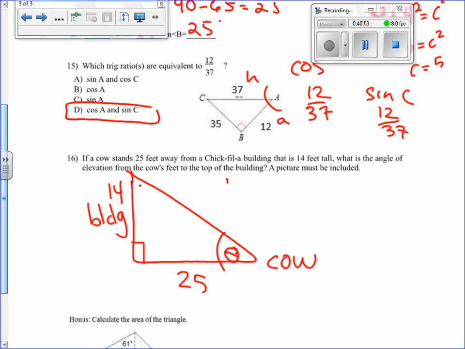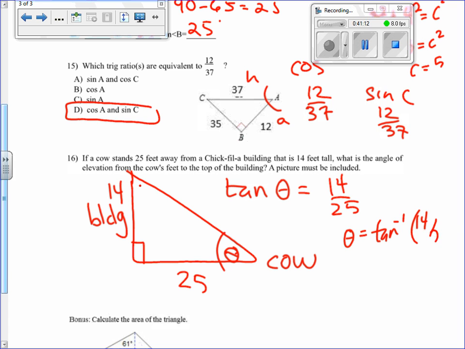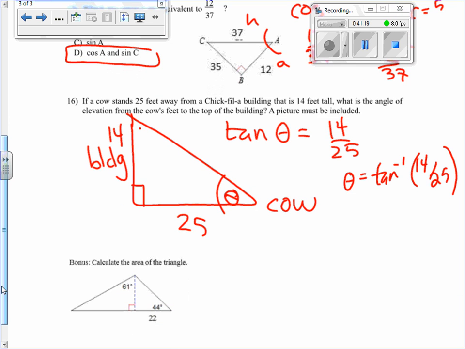That's tangent. So the tangent of theta, or whatever you wanted to call it, equals 14 over 25. So how do you find an angle measure? Second. So you're going to do second tangent. So theta equals inverse tangent of 14 divided by 25. What do you get? 29.1, right? Okay, so x equals 29 degrees.